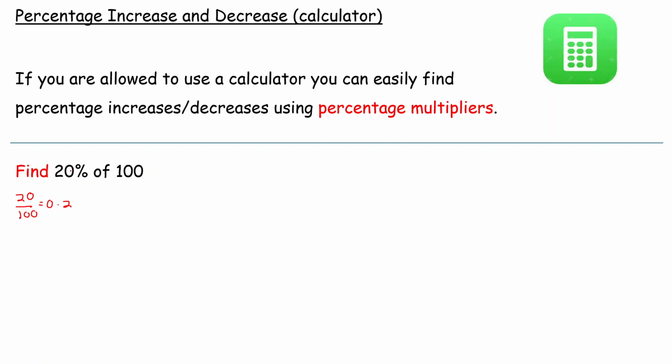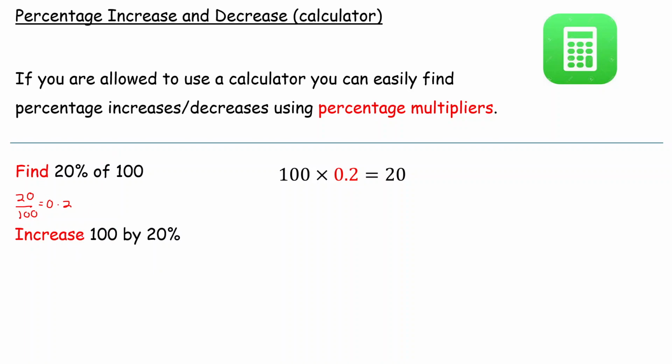So 20% as a decimal is 0.2. And in maths, if you see of something, it means you're timesing by it. So 20% of 100, we can do 100 times 0.2, which is 20% as a decimal. Put it in your calculator, 100 times 0.2 is equal to 20, okay? And it is that straightforward, really. So that's to find a percentage of a number.